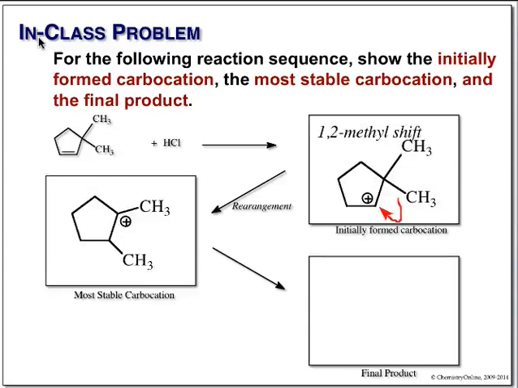Methyl group simply slides over from here to here with its electrons, leaving this center, now the carbocation. We have a stable tertiary carbocation, and everybody's happy. This is simply going to add chloride to this point, and that will be our final product.